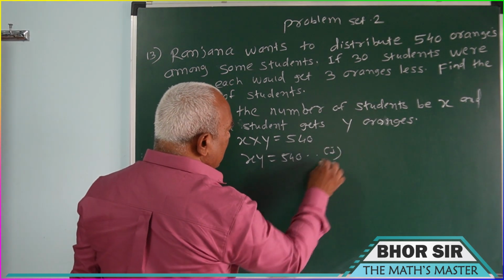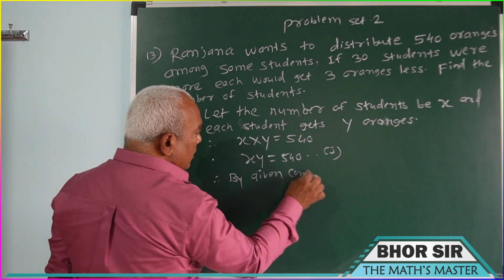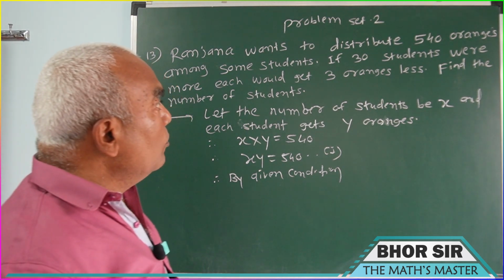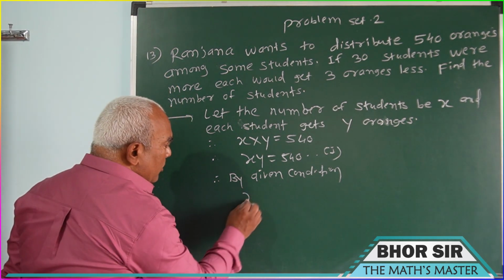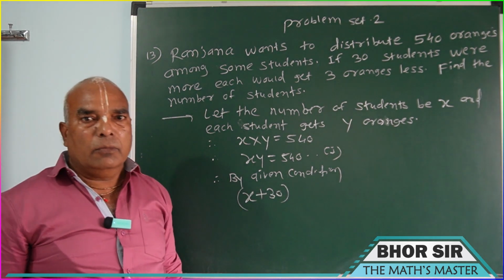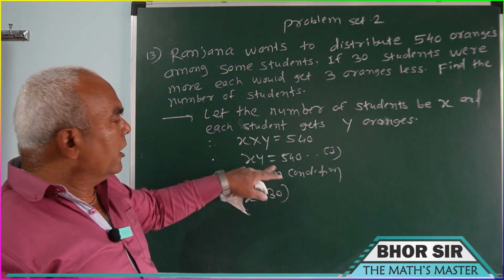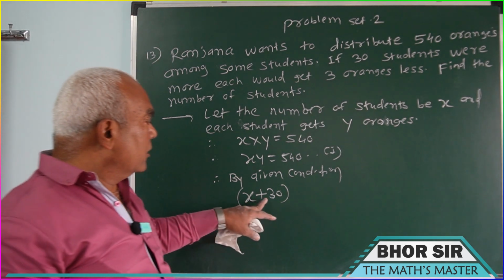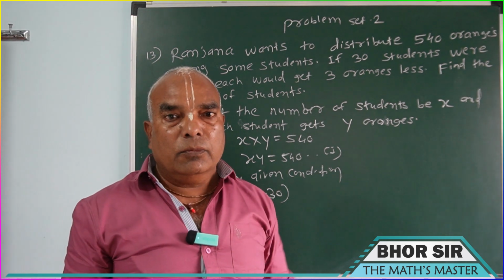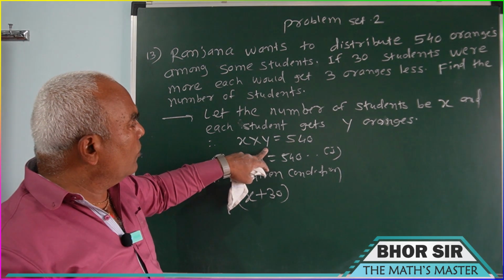Equation number 1. Now see here, by the given condition. What is the given condition? If 30 students were more, suppose the number of students increases, and instead of x, 30 students came more. If there were x students, each student got y oranges.